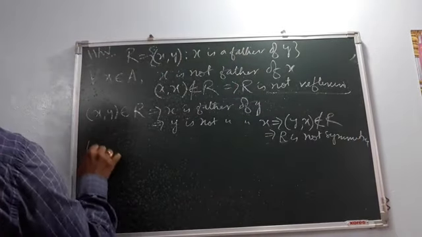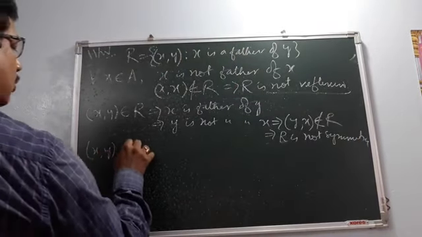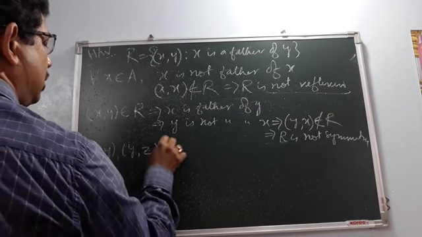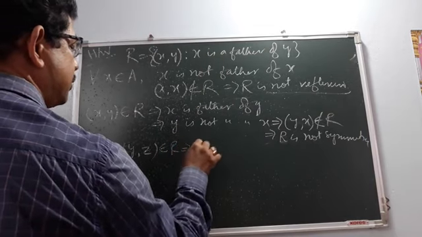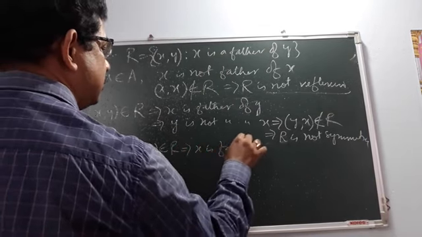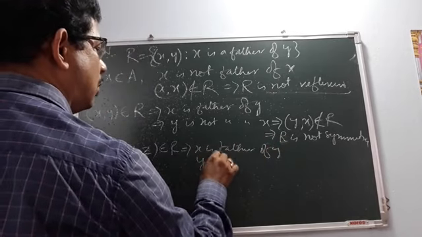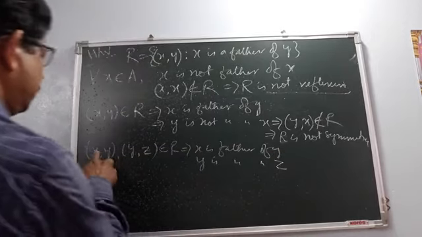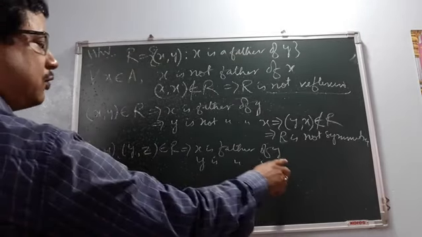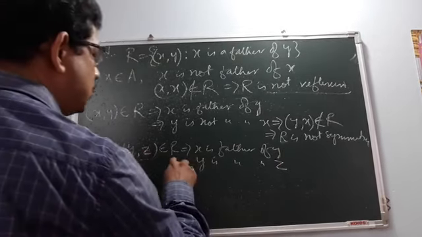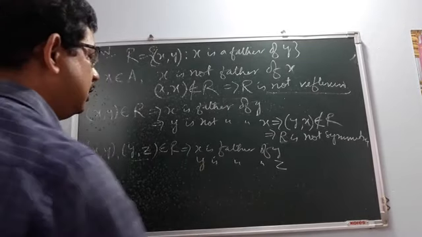Then (x, y) and (y, z) belong to R, which implies x is the father of y and y is the father of z. Because (x, y) belongs to R, x is the father of y, and (y, z) belongs to R, y is the father of z.